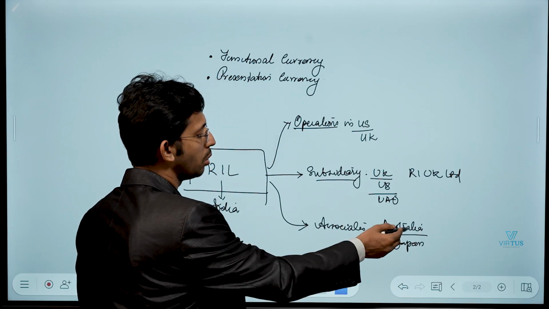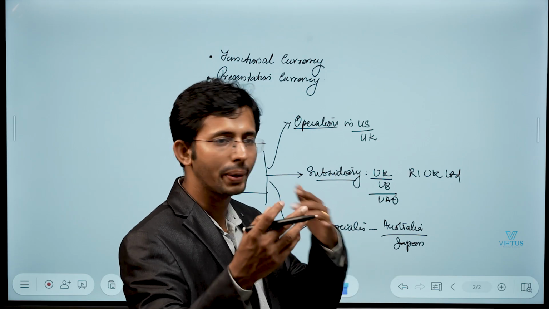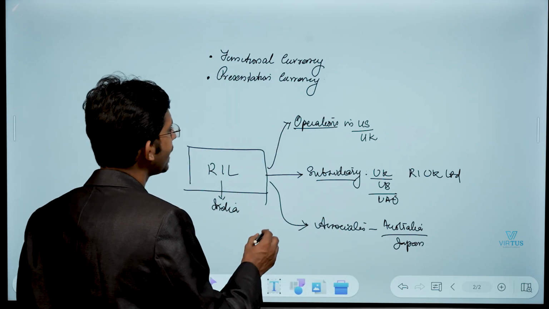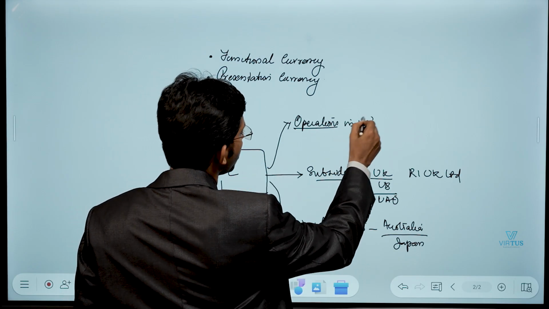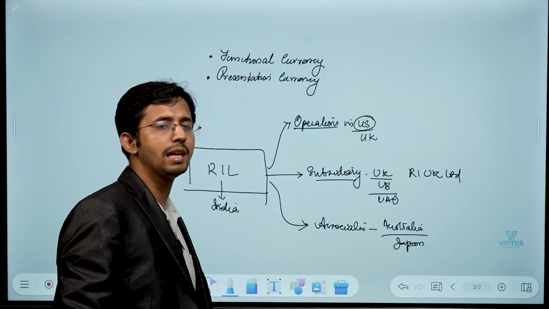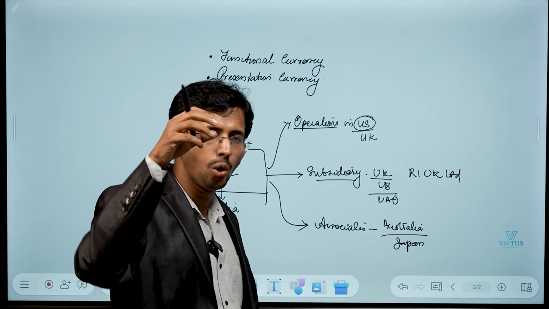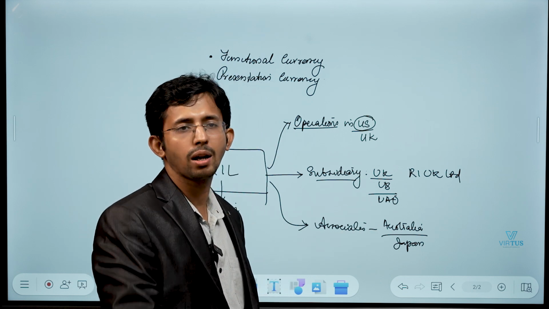Similarly, associates. It could be an associate in Australia where they have invested more than 20%. Now, let's take the case of the Reliance Industries operations in US. Suppose they are building a refinery in US. According to the laws of US, it will have to keep the books of accounts.